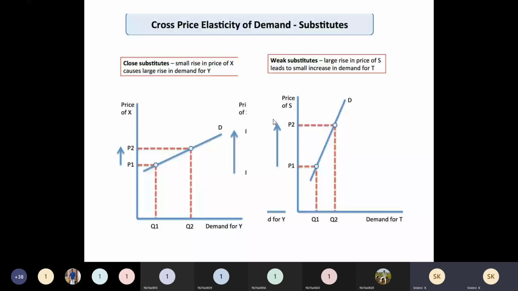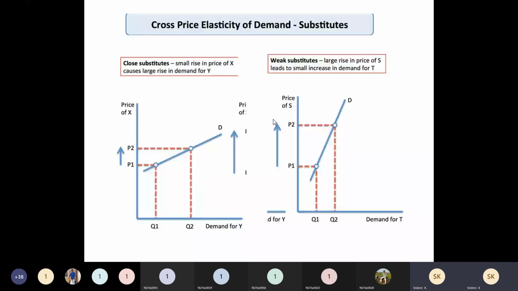So if the car price is increasing, automatically the sales of petrol will be reducing. Why? Because the sales of the cars will be reduced. So that will affect the sales of petrol. This is what you are going to explain here.